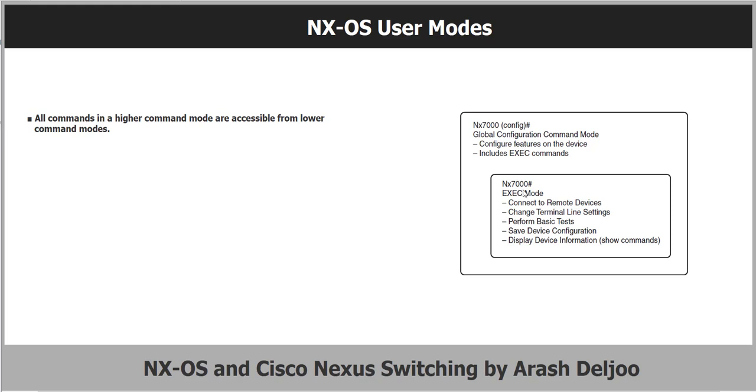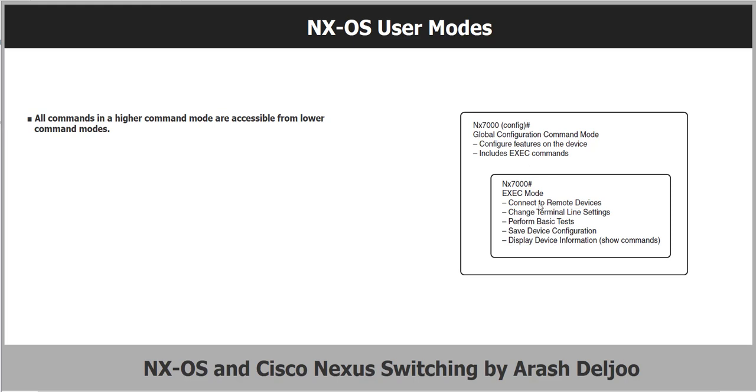And here we are in the exec mode. We can use it to connect to remote devices, change terminal line settings, perform basic tests, save device configuration and display device information, for example, show commands. This figure shows NX OS command access from exec mode to global configuration mode.